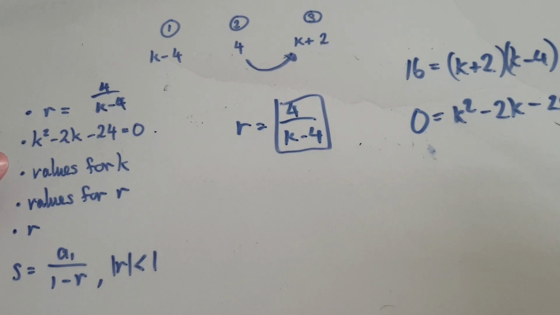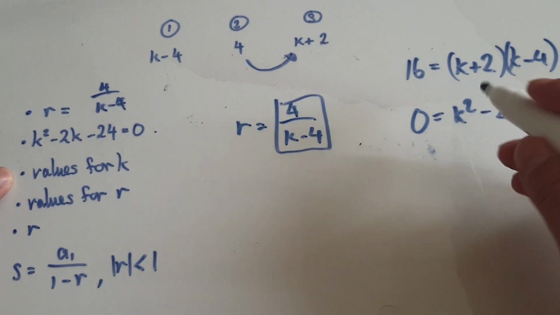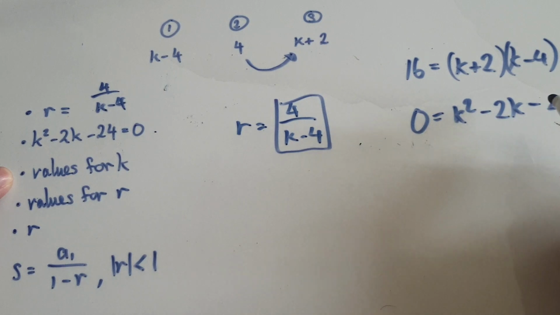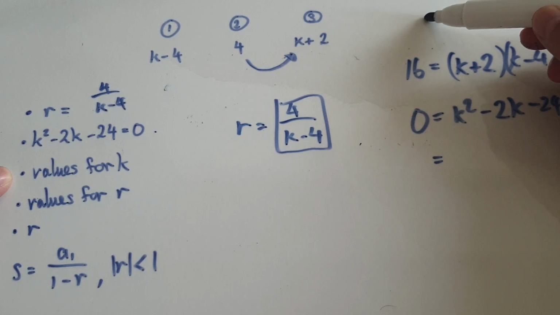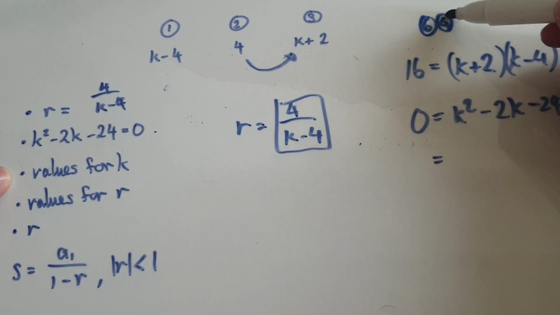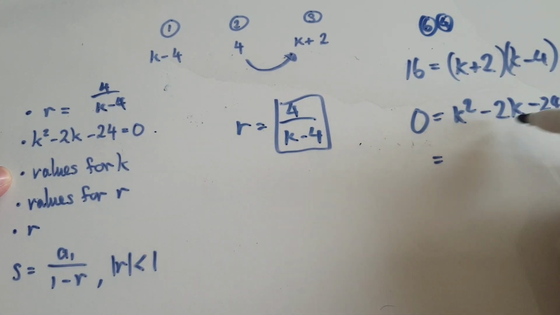So find possible values of k. Now it's just a matter of solving this. Two numbers multiplied together to give you negative 24. You know you've got to work with a 6 and a 4, because with a 6 and a 4 you can create a negative 2. Anyway, factorize this.